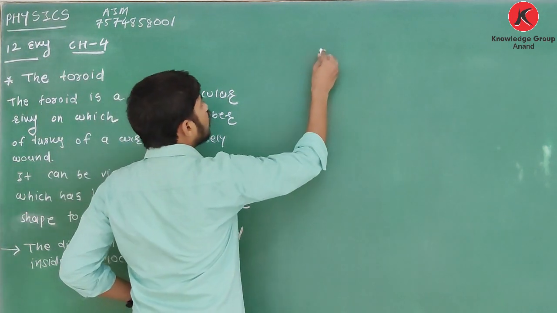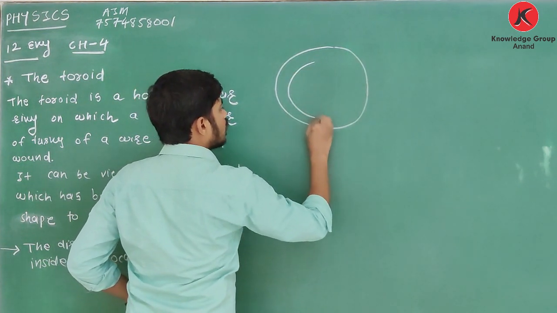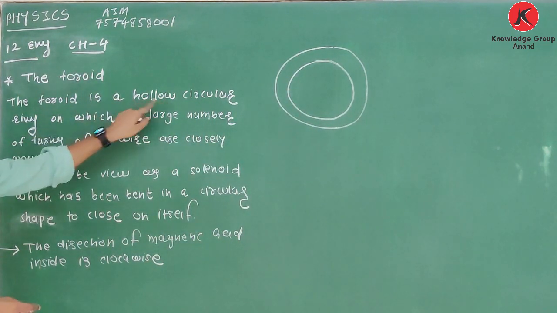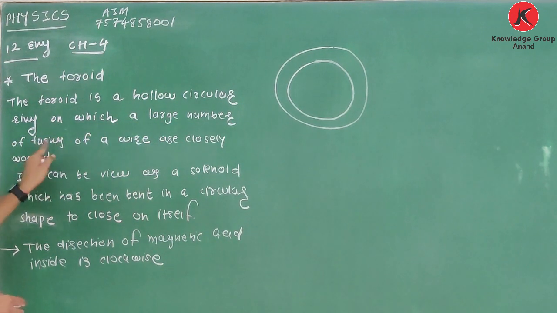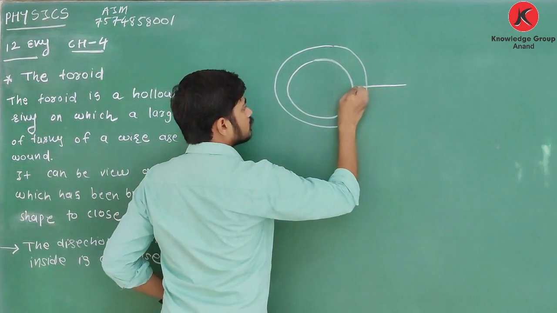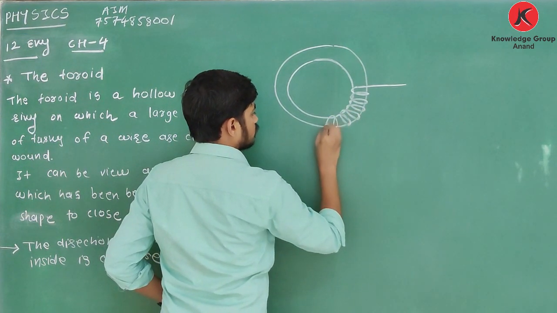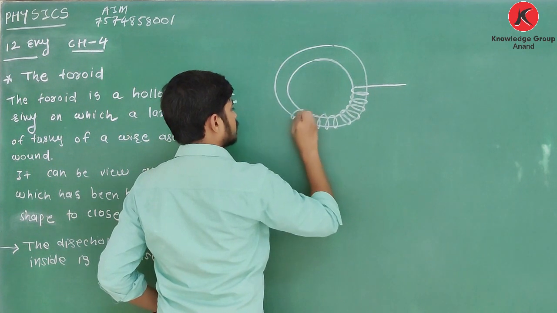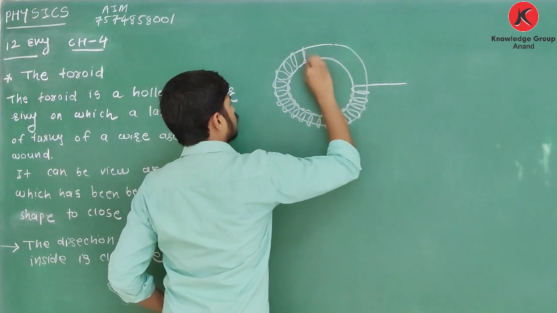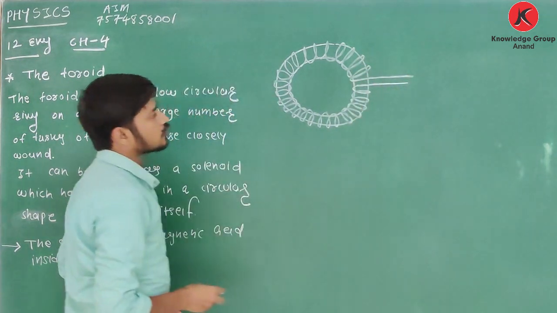If we have a hollow ring like this, a large number of turns of wire are closely wound on it. They are closely wound like this. So yes, it is called a toroid.